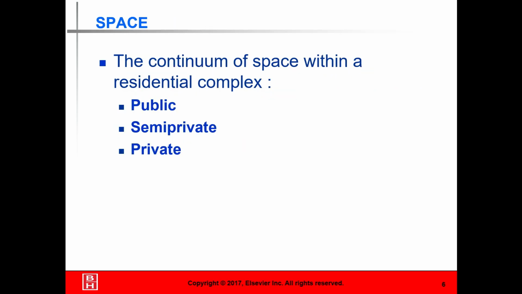So the space continuum within the residence: public, semi-public, semi-private, and private. Where is our space? The public space, wherever its legal status, is perceived by all members of the resident neighborhood to belong.